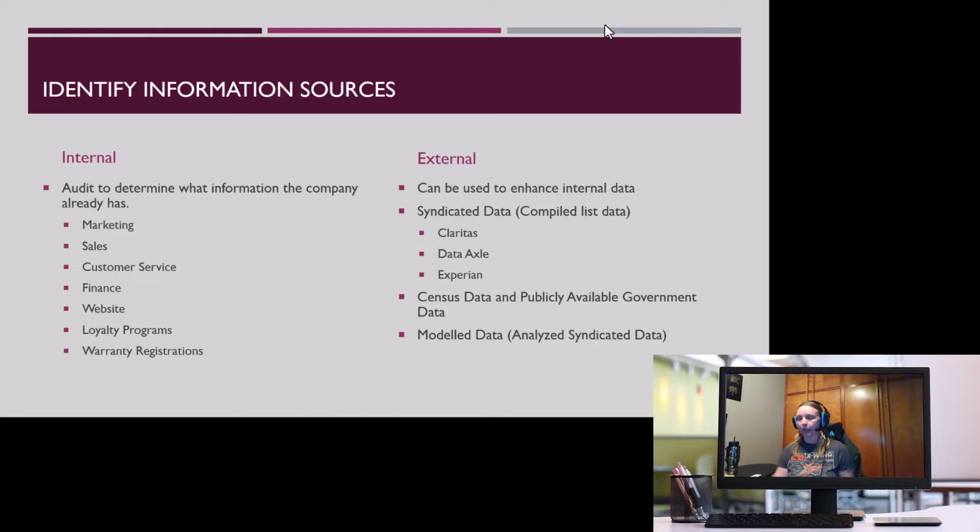I can't recall right now what it's called. I may have mentioned it in a past lecture. You can also get data that is publicly available, so you don't have to pay for it, through census data and other government websites. You can also buy data that the companies have put together and already analyzed for you, and the syndicated stuff is going to cost money.